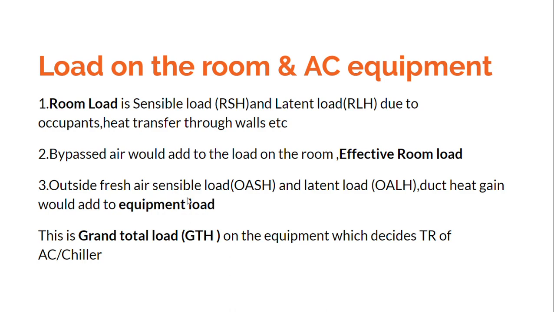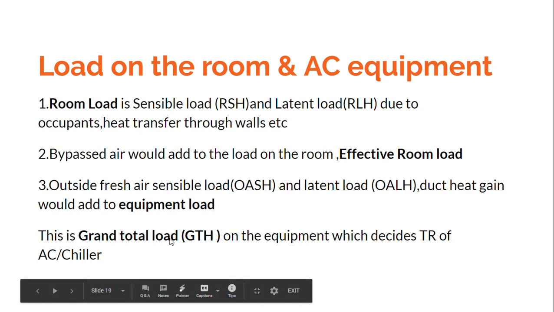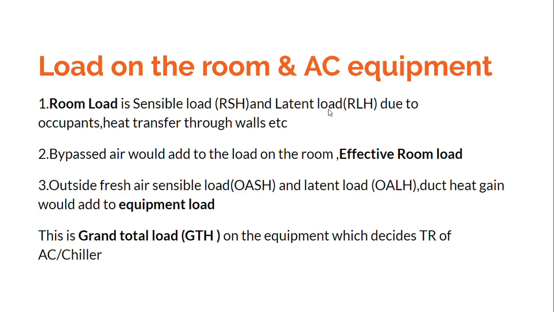The third is the equipment load. As I said, there is a room load, an effective room load, and an equipment load, which would include the ventilation load. Ultimately we would calculate the grand total load, which is again the combination of grand sensible load and grand latent load. By sensible load I mean the load which would increase the temperature in summer air conditioning, and latent load means the load which would increase the moisture content inside the room.